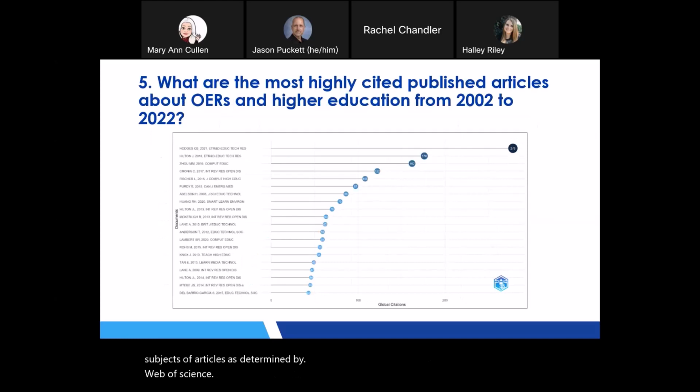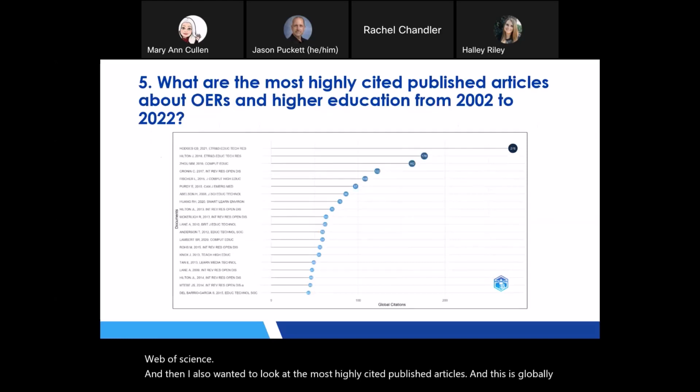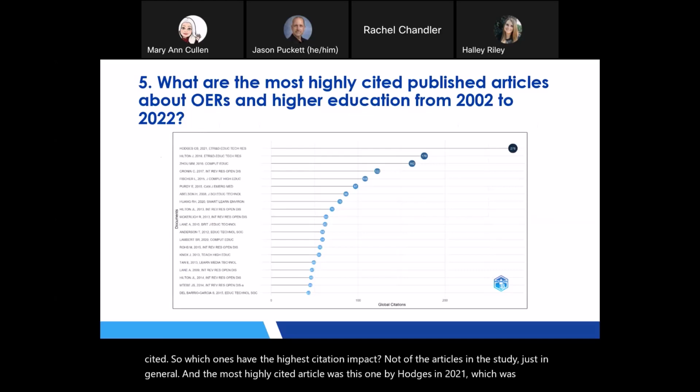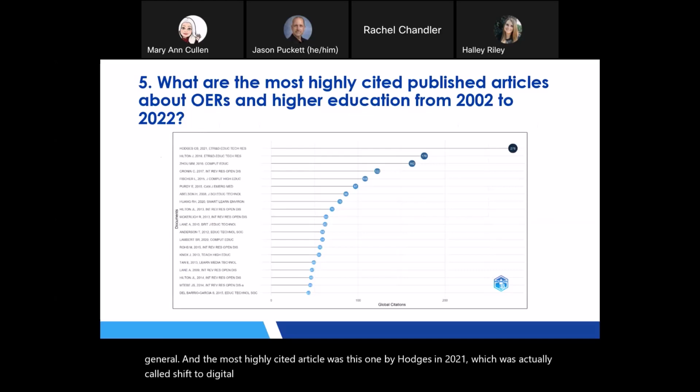And then I also wanted to look at the most highly cited published articles, and this is globally cited, so which ones have the highest citation impact, not just of the articles in the study, but in general. The most highly cited article was this one by Hodges in 2021, which was actually called Shift to Digital: Perspectives on Hilton 2016 from the Perspectives of Practice.